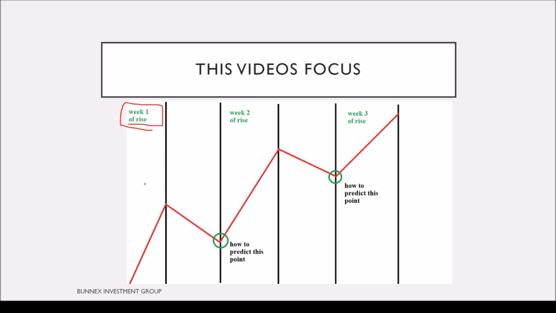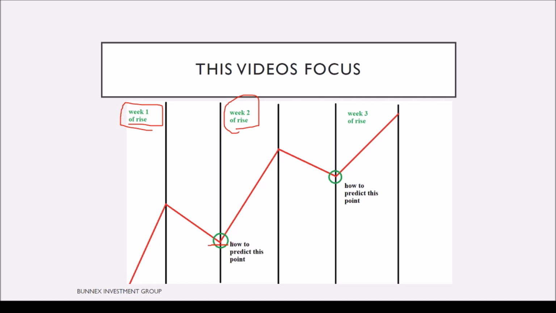So after this week of rise, we expect initiation of a second week of rise, like this scenario. We are going to talk about how to predict this point, whereby we are now initiating another week. So it's basically catching the low of the next week after the first has been completed.